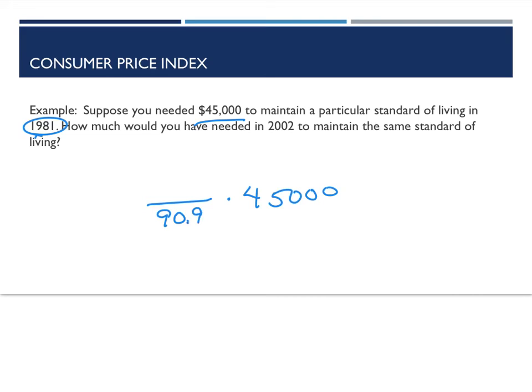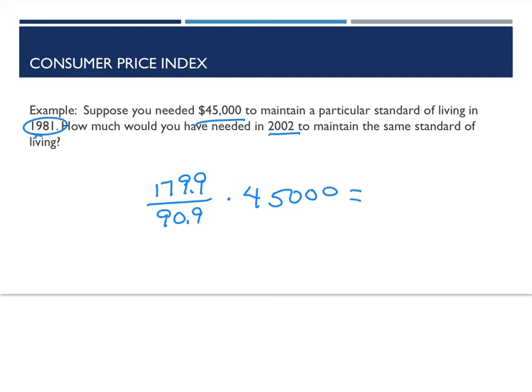The CPI for 1981 is 90.9. Now I want to know how much money I would have had to make in 2002. That's the question, so that goes on top. So I refer to my chart again, and the Consumer Price Index in 2002 was 179.9.